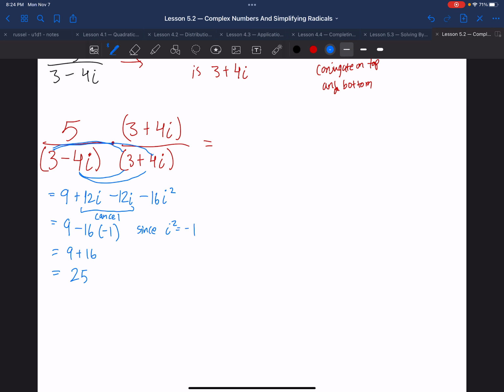So the denominator is 25. The top is 5 times 3 plus 4i over 25.